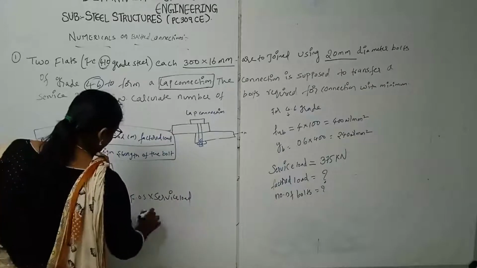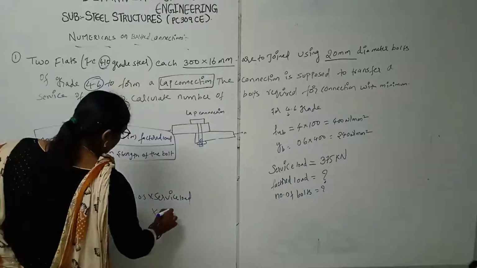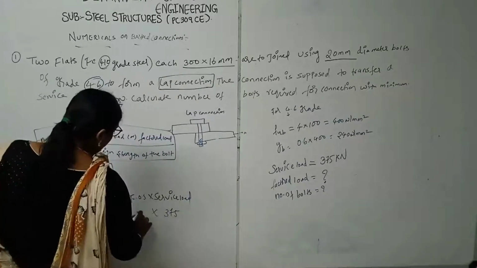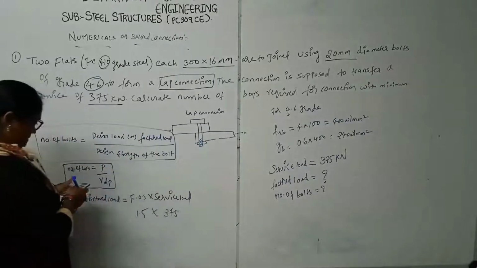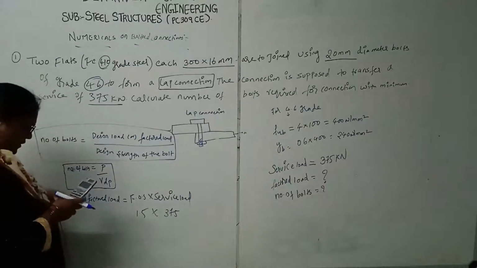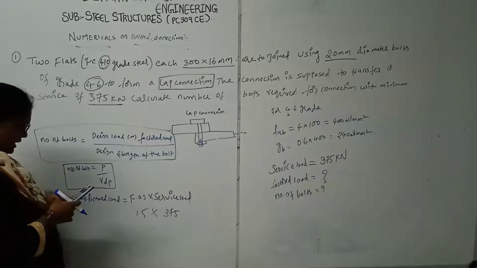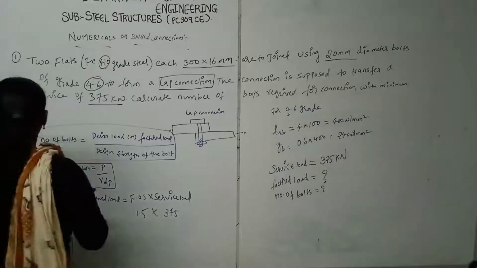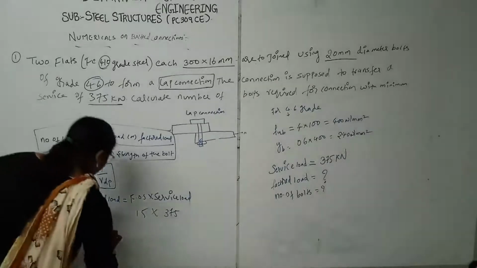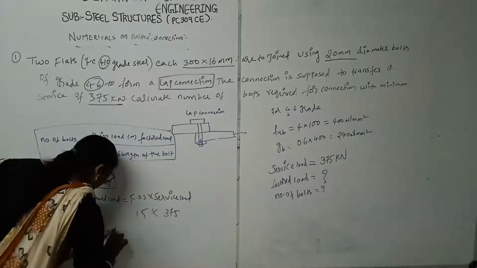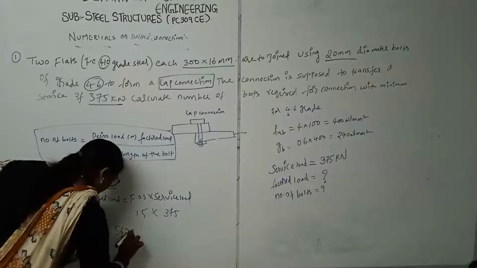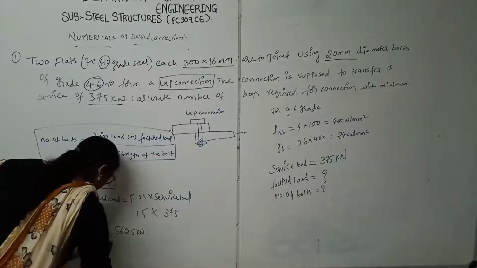The service load has already been given. What is the factor of safety of steel? That will be 1.5. So 1.5 into 375 gives P equal to 562.5 kilonewtons.